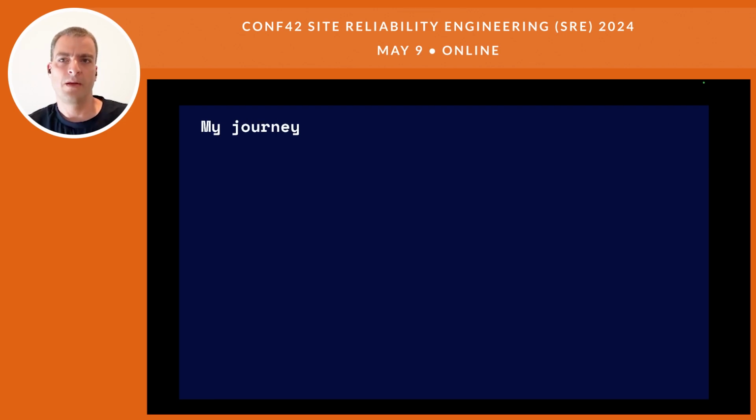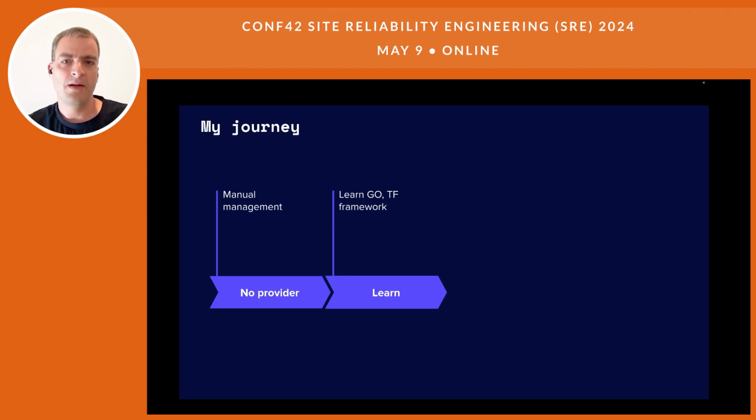So to wrap it up, my journey with the provider started with no provider, just manual management, scripts, manual work procedures, a lot of documentation and conflicts. I started by learning Go and the Terraform framework.